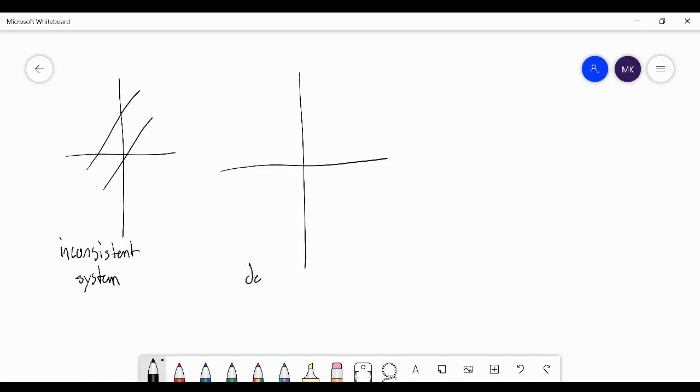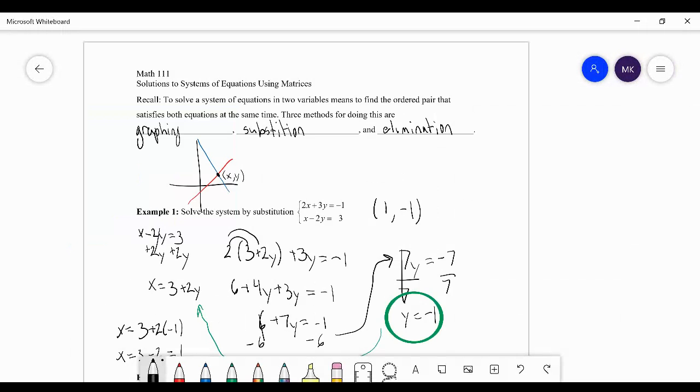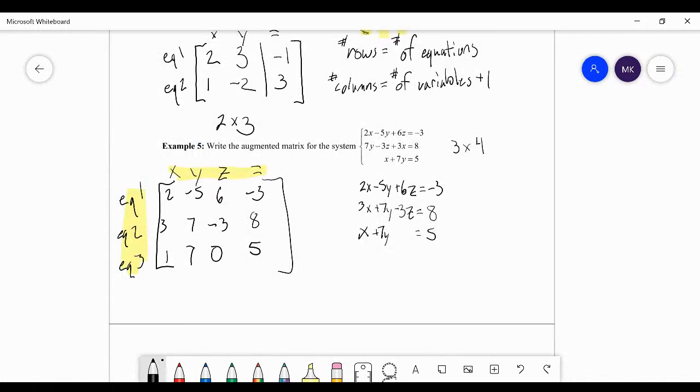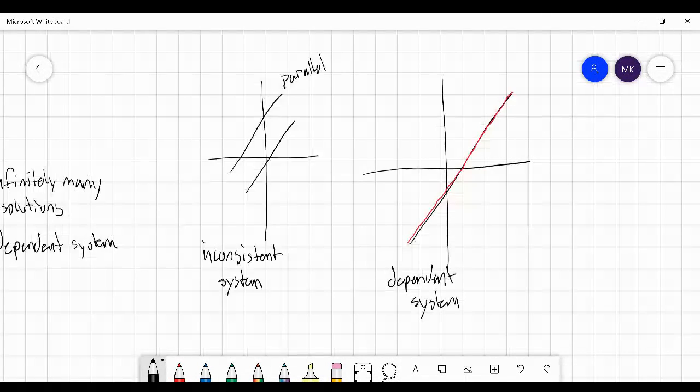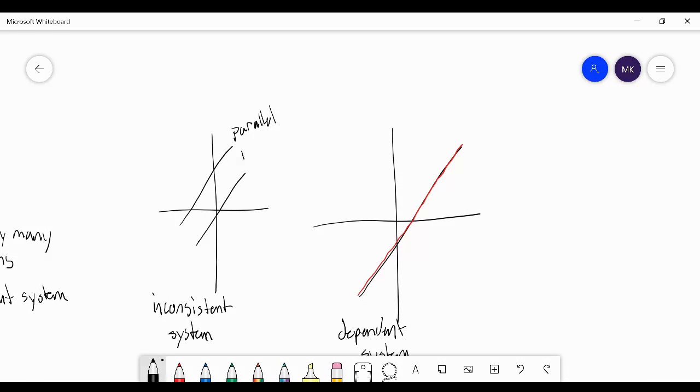A dependent system, minus my terrible drawing skill, is the same line. So here, parallel: no solution.